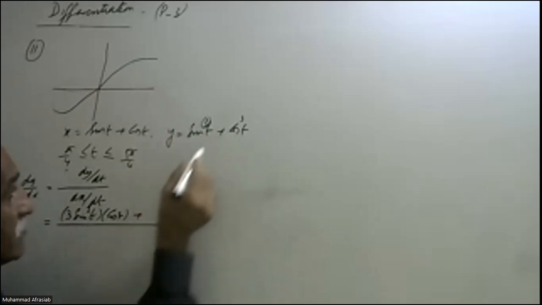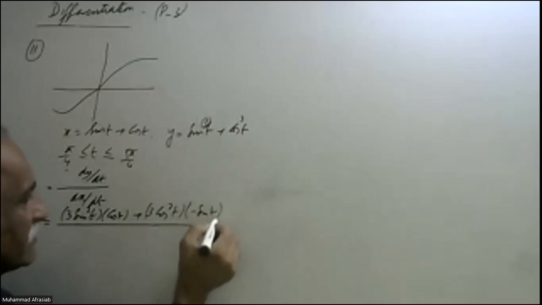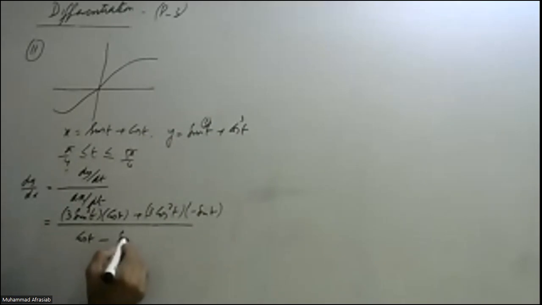This becomes 3 sin²t, and then the derivative of sin t, which is cos t, plus 3 cos²t, and then the derivative of cos t, which is minus sin t. And dx/dt is the derivative of sin t, which is cos t, and the derivative of cos t, which is minus sin t.